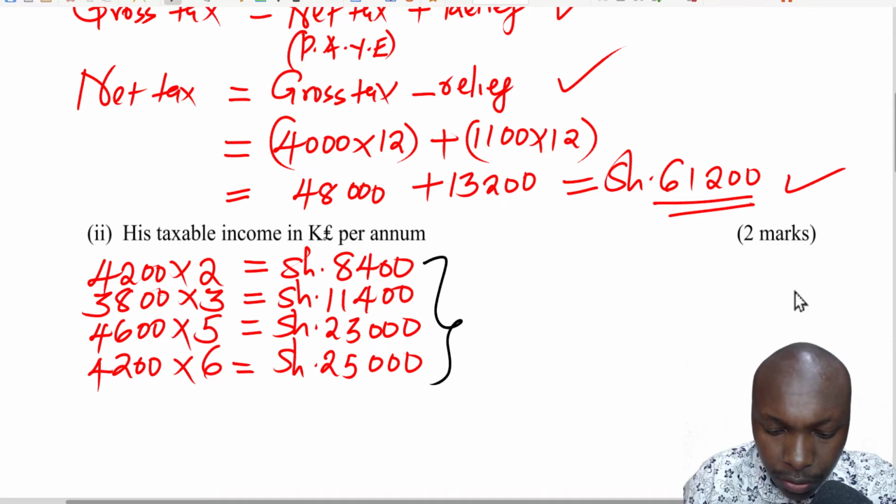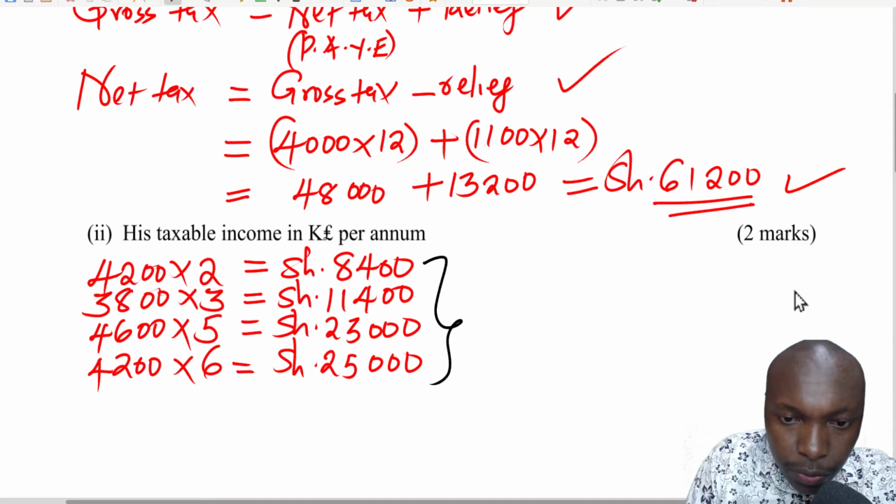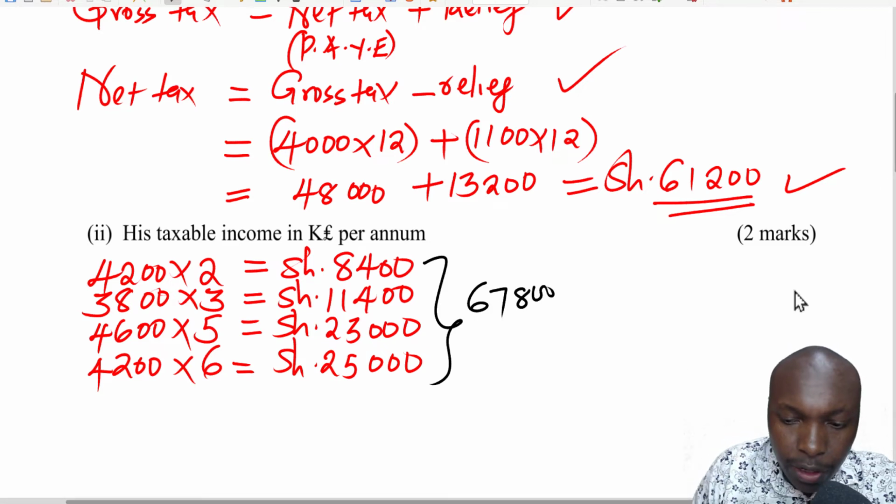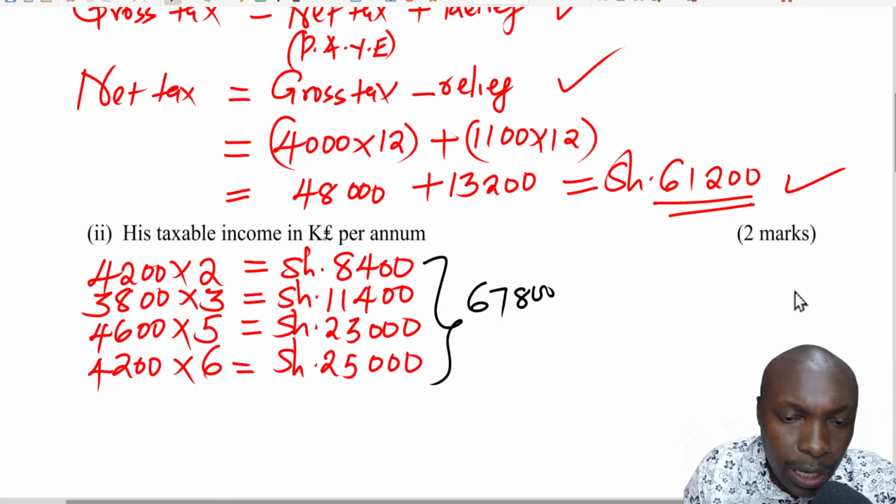Just take a calculator and do that addition very fast. We have 8,400 plus 11,400 plus 23,000 plus 25,200. These will give a total of 67,800. Now this is all I wanted you to see, that the tax is going to exceed.